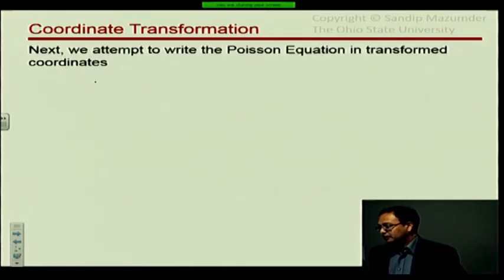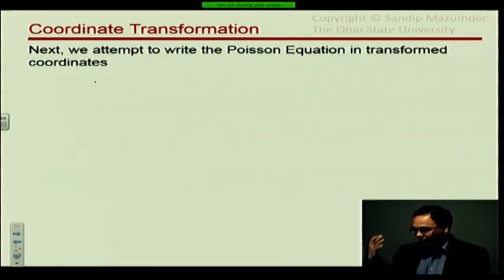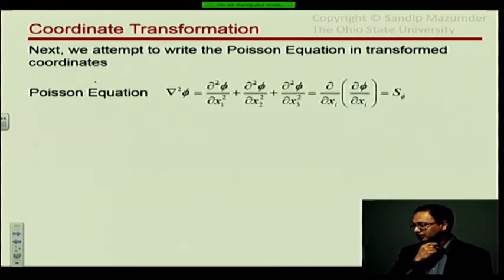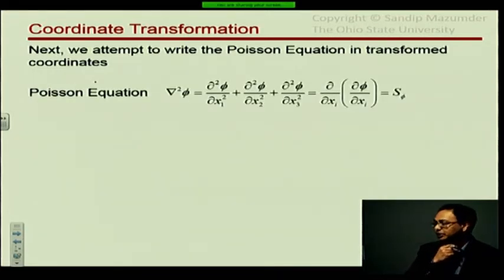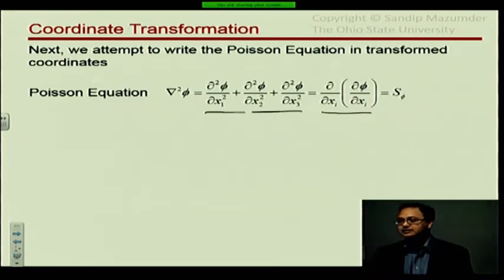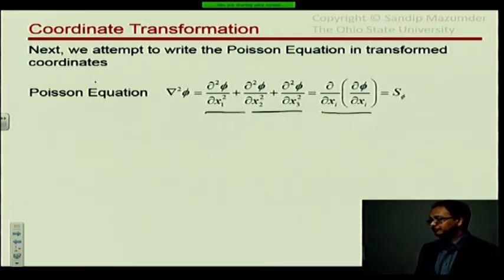Okay. So now our job is to take that transformation and transform our Poisson equation. So we just found out what the transformation relationship is for the first derivative. Now we are going to apply that to our Poisson equation. This is our Poisson equation in 3D. Okay, and again I'm using tensor summation here, writing it as d dxi of d phi dxi.